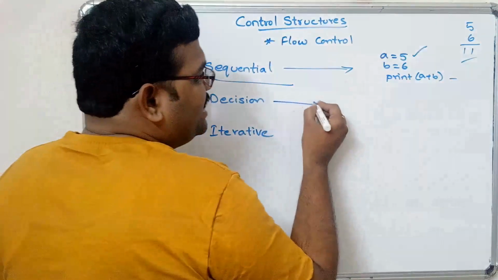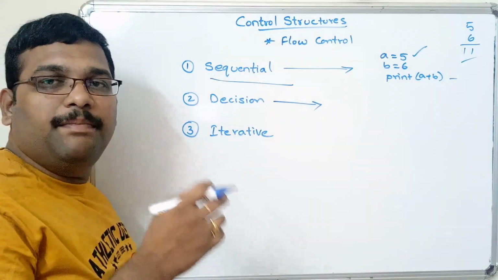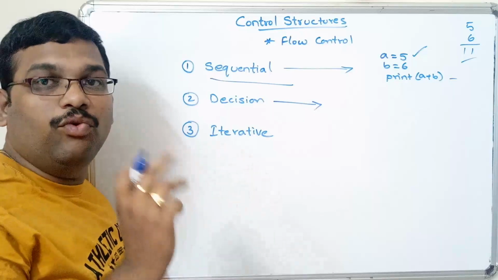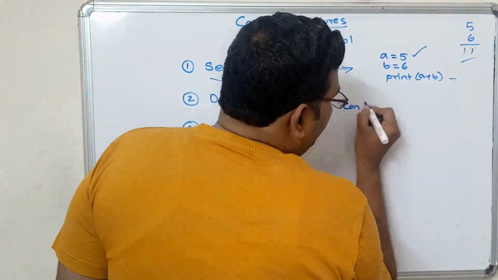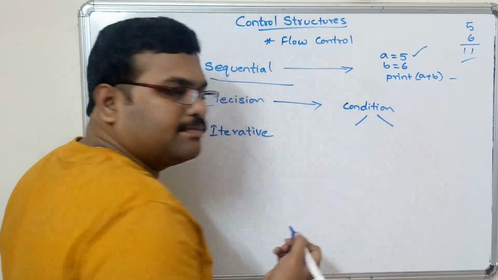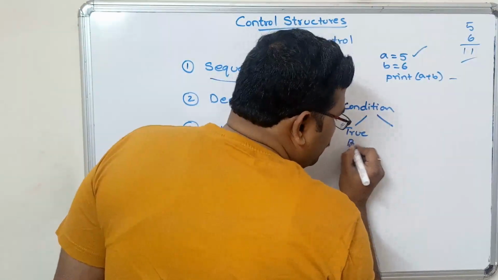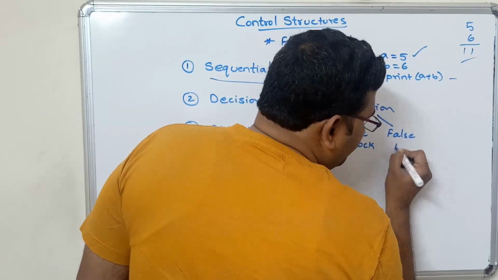Coming to decision control flow, the name itself indicates there will be some decision, and based upon the decision the control will flow in only one direction. There will be some condition, and based upon the condition, it will execute either the true block or the false block.